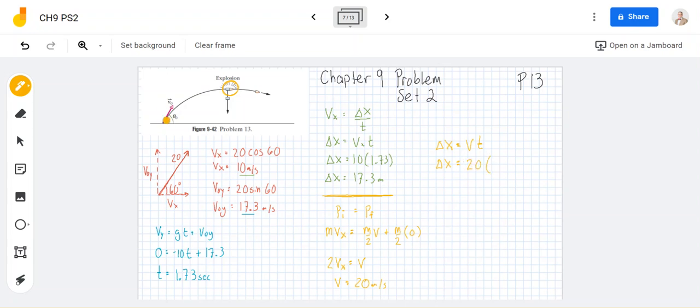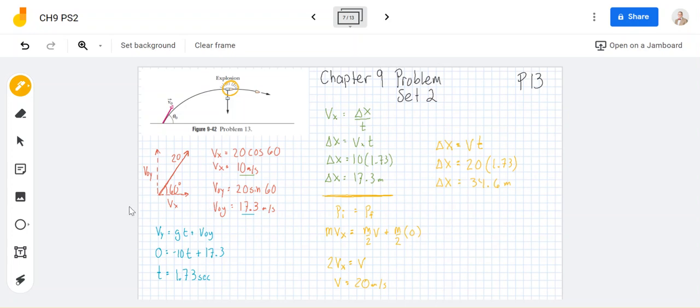And here's the thing. Again, on its path, the mass doesn't affect the time in the air. So it was 1.73 seconds to get to the top and 1.73 seconds to get back down to the bottom. So that's got to be 34.6 meters.